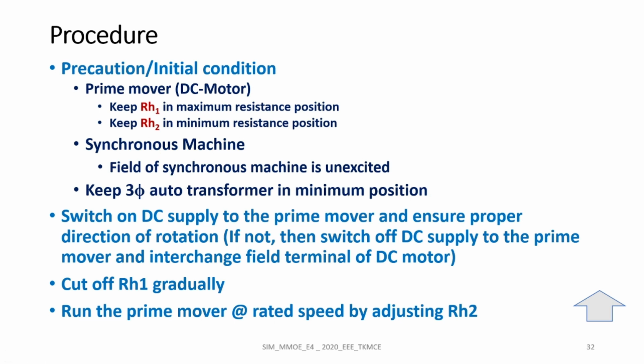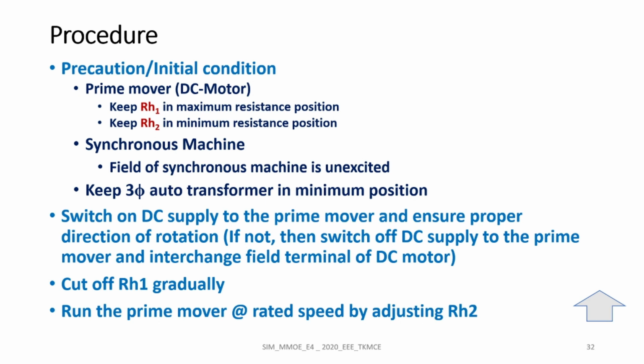After ensuring all these precautions and initial conditions, we need to switch on the DC supply to the prime mover, that is, the DC motor, and check whether the machine is rotating in the proper direction or not. If it is not, then we need to switch off the DC supply to the prime mover and interchange the field terminals of the DC motor.